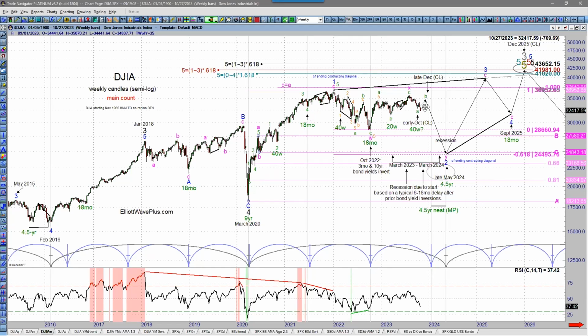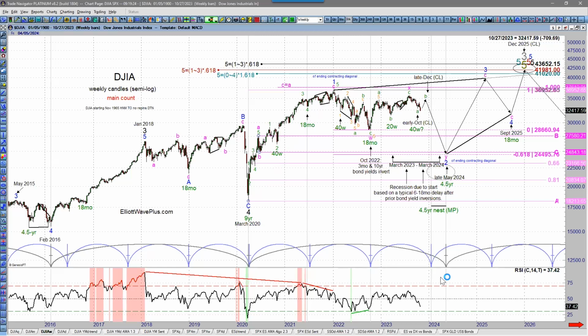So whether or not this is called a recession down here or not, I don't know. I guess I'll take that word off of there. But I'm not expecting the end of this wave 2 correction down until approximately mid-year next year.